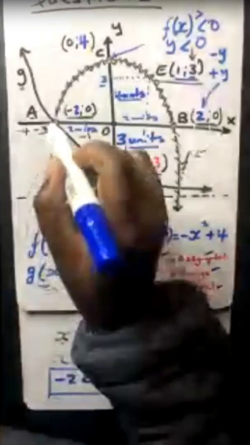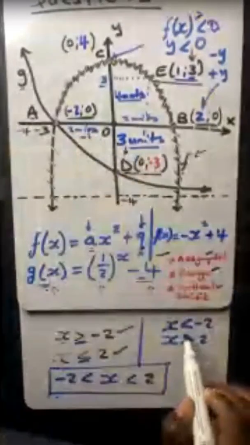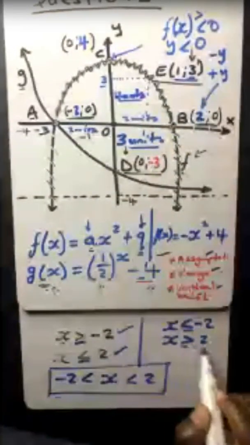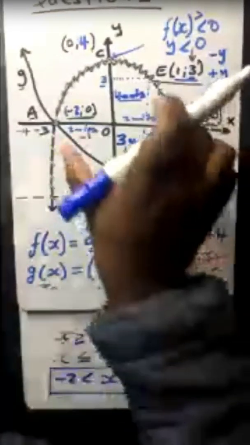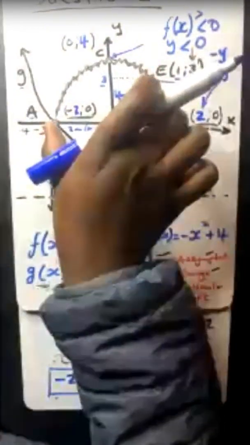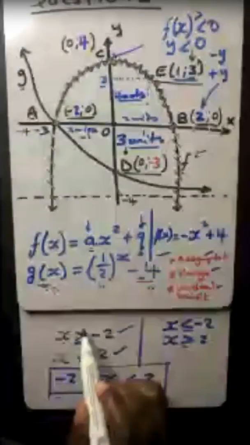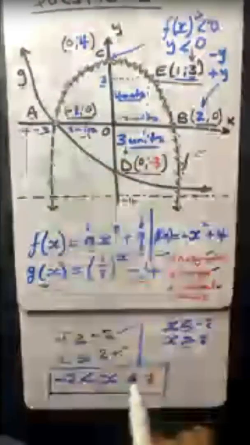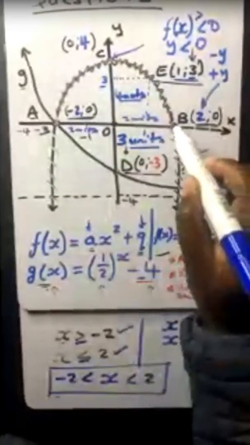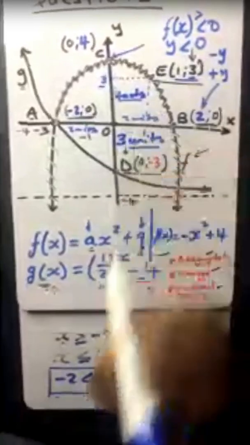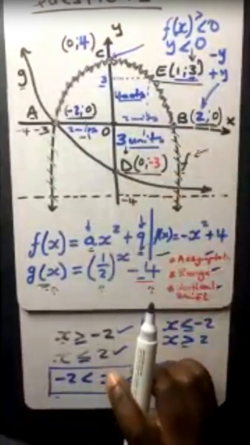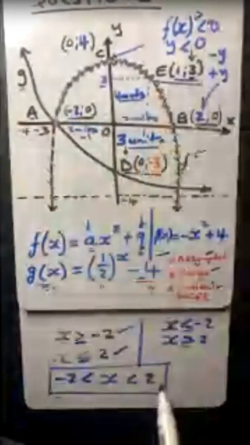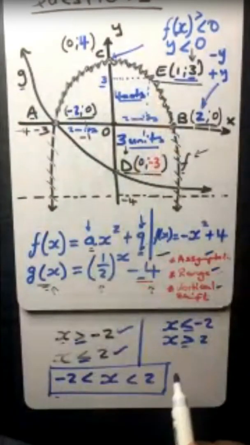So if it's away from that point, you use that arrow. Now in this case we are dealing with the values in between, so you use that arrow to say from -2 in that direction, and again from 2 in that direction. Because now you are dealing with 2 x values, you mathematically write it like that.